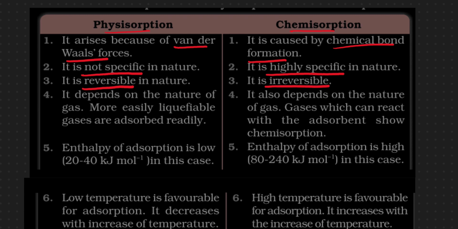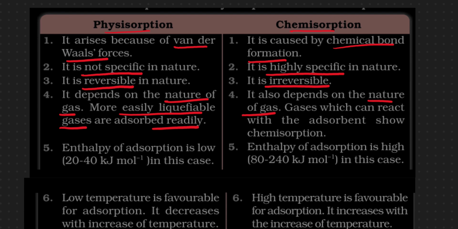Physisorption depends on the nature of the gas. The more easily liquefiable gases, or the gases having high critical temperature, remember SO2, are adsorbed very readily. And chemisorption also depends on the nature of gases.